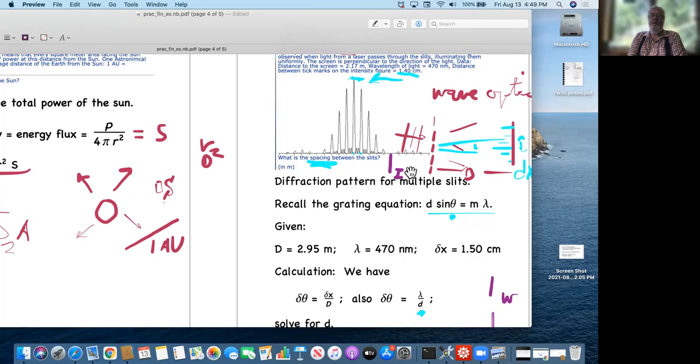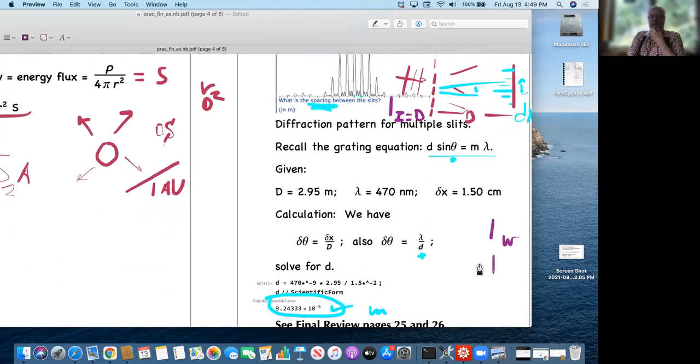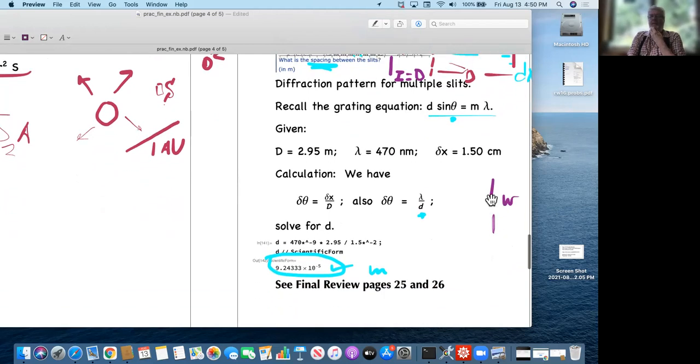So there's a dark region at a certain angle. Well, it's given in terms of the spacing, but at a certain spacing, which is equivalent to the angle by this equation, there's 0 intensity. In other words, there's a dark region. And that depends on the formula for diffraction through a single slit.